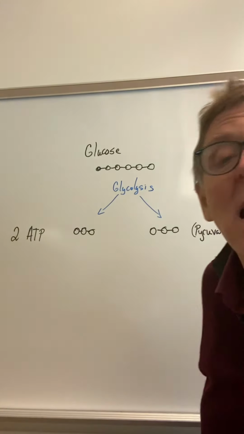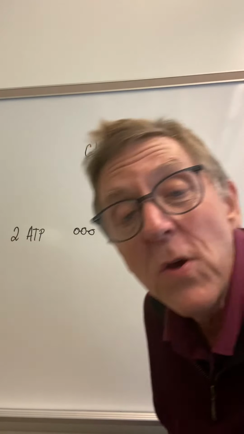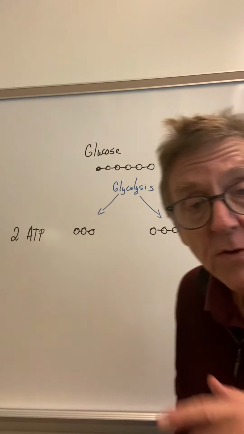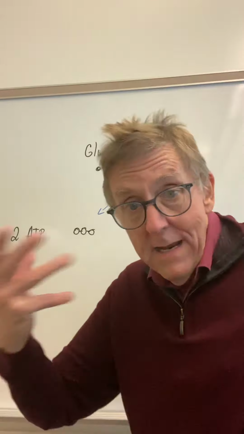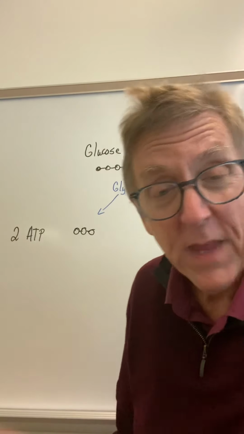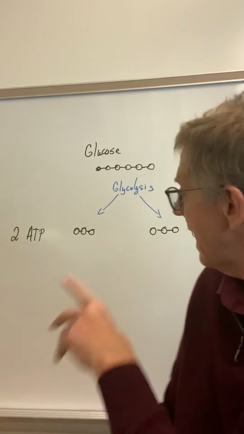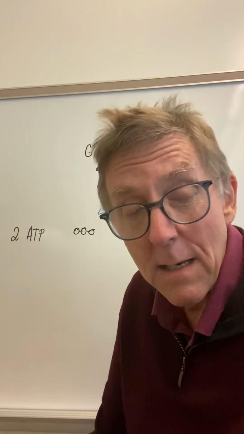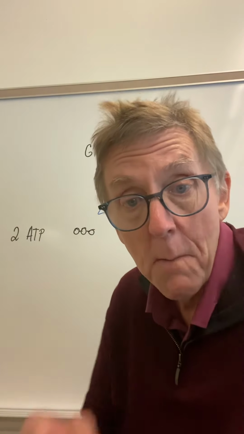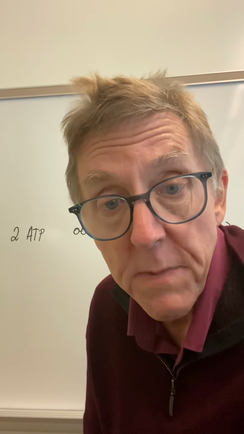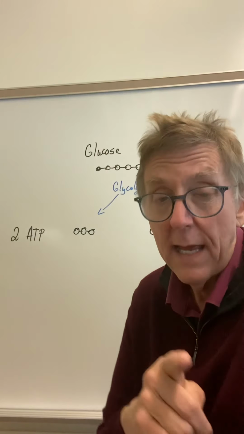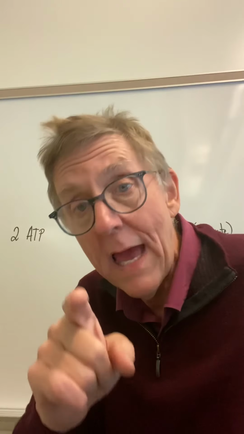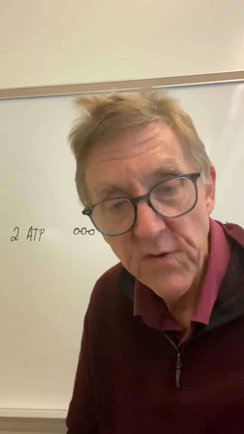There they are. With those 2 ATP, they're satisfied with that. They're in a world of sugar, right? So they break it down. And with them, what they do is they convert that pyruvate into ethanol plus a carbon dioxide. Okay, and that is what we refer to as anaerobic respiration.